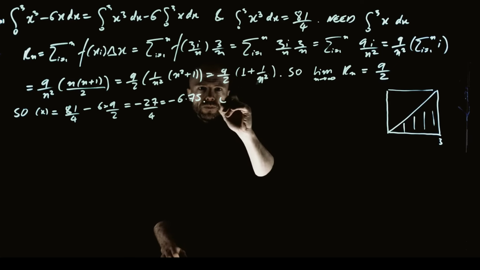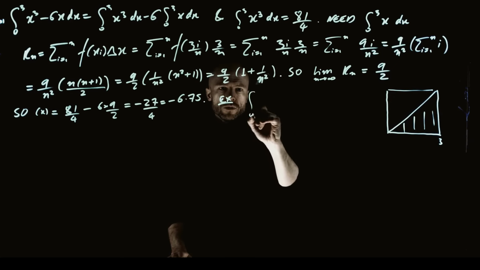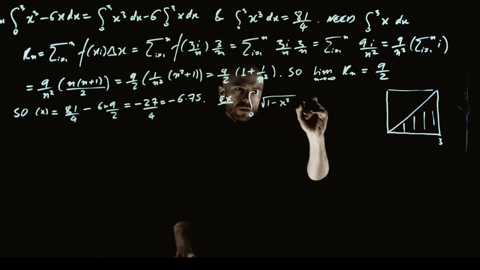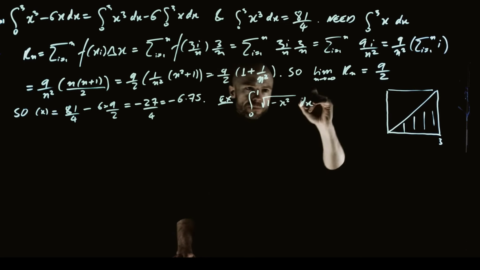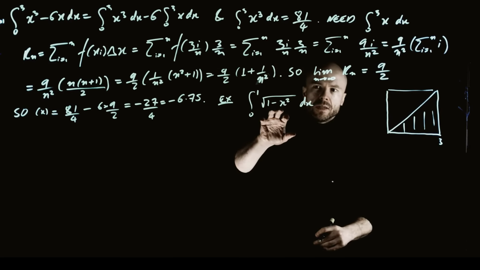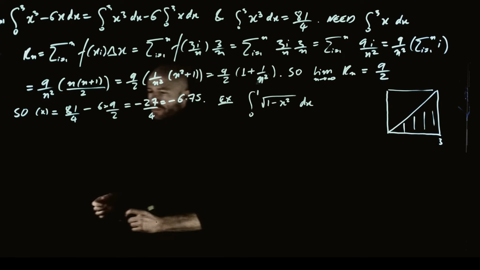Another example is if we look at something like this, the integral from 0 to 1 of this thing. If we think for a little bit, hopefully this expression starts to be familiar. It's part of a circle.